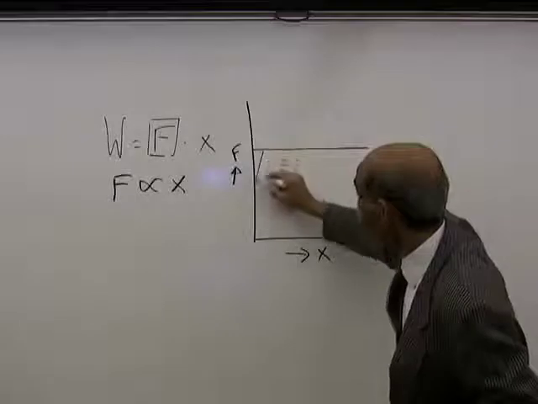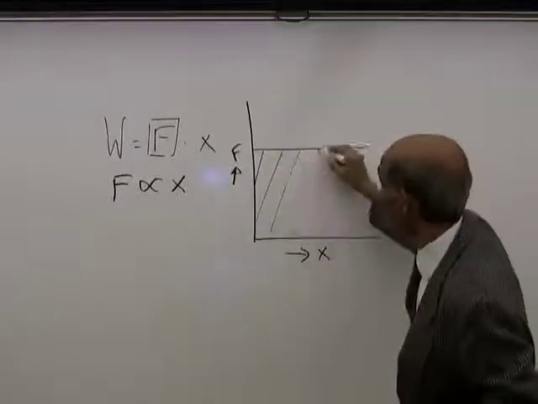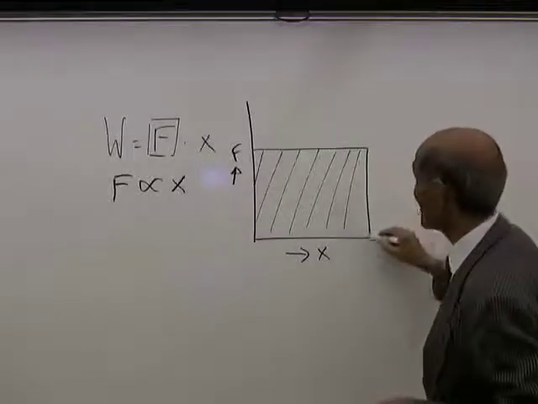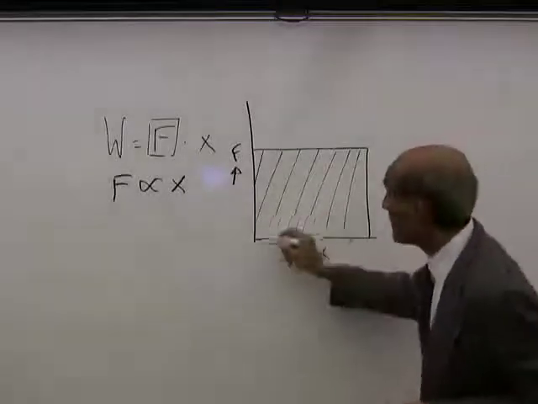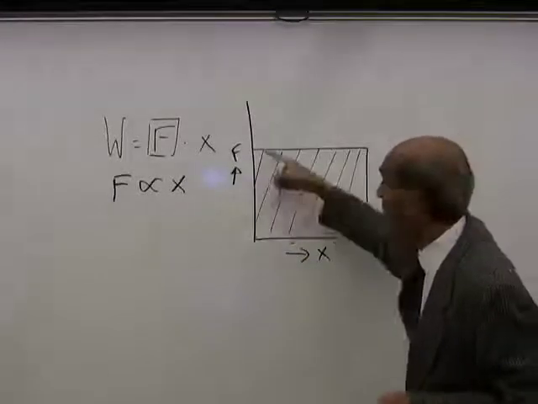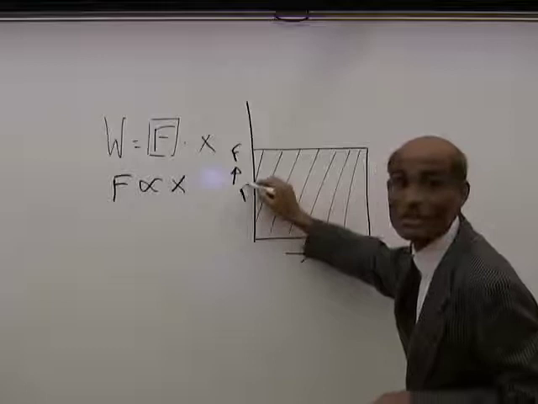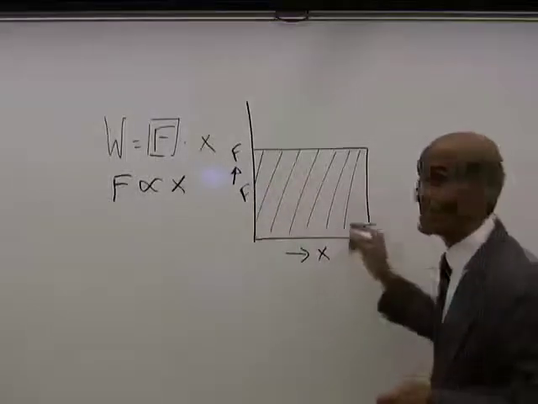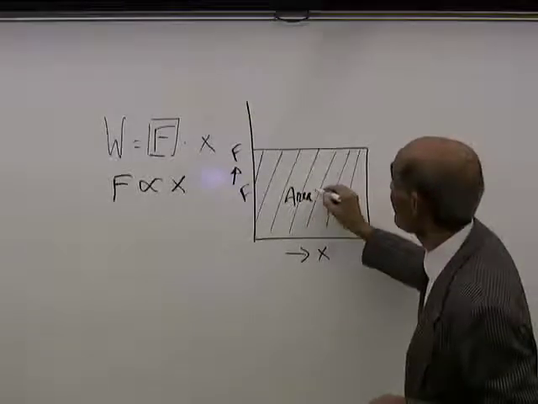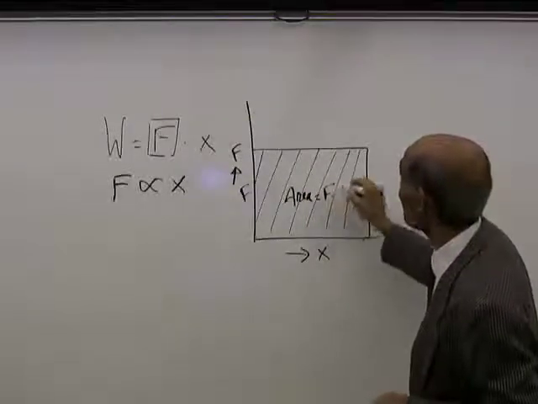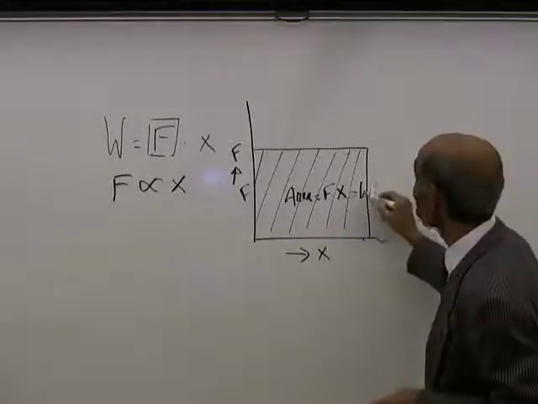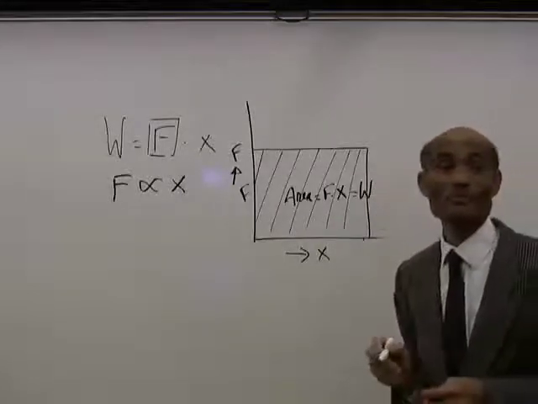Now, what is the area enclosed by this graph with the displacement axis? What is this area? Well, the length of this rectangle is x and the width of the rectangle is F, is that right? And so the area of this rectangle is F multiplied by x, which is a measure of the work done.